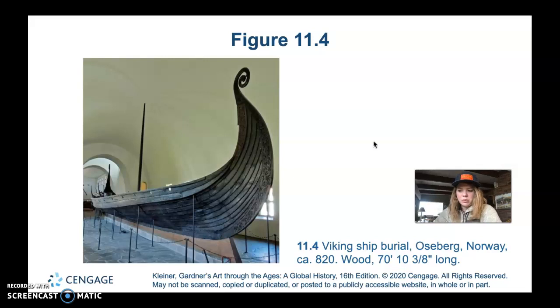And shortly after, these Northmen, they called them Norsemen, attacked the monasteries at Jarrow in England and Iona Island off the west coast of Scotland. And so they were attacking a lot of the monasteries in Scotland and in England and the British Isles.